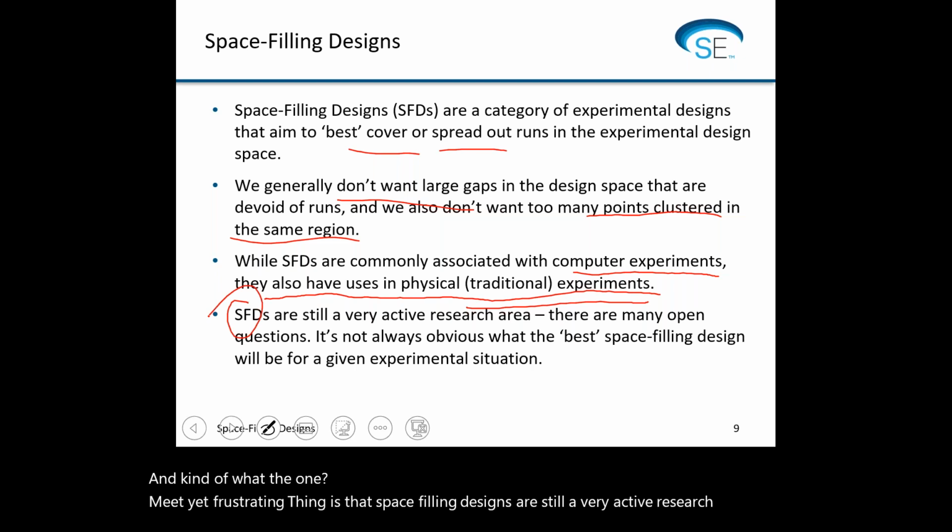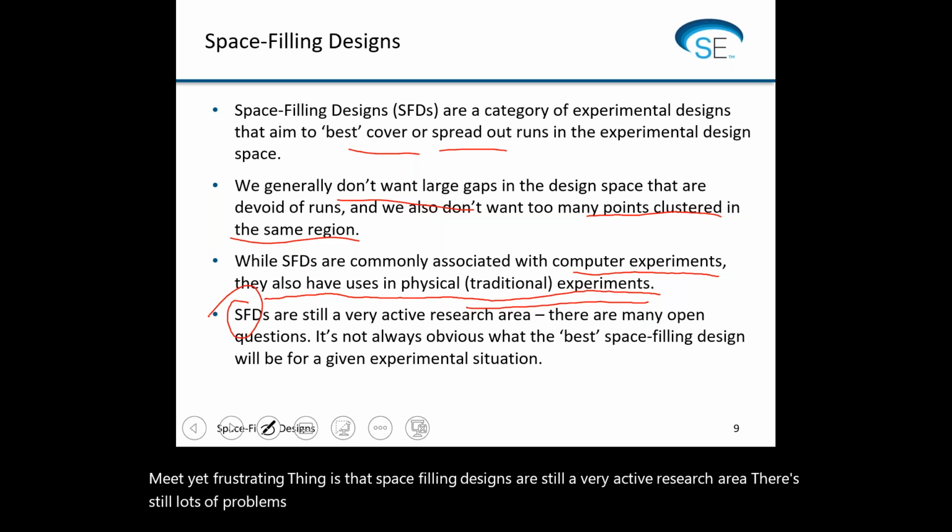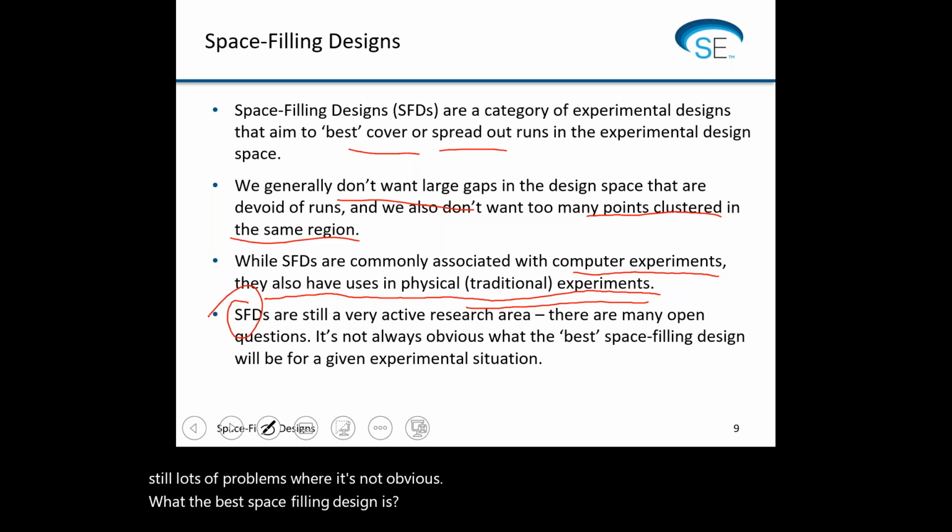There's still lots of problems where it's not obvious what the best space filling design is. So there's still a lot of open questions out in this field. So I think the best thing we can do is take a look at two examples.